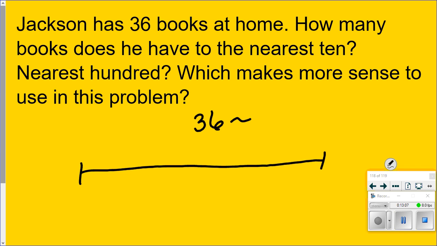What's going to be my starting point on my number line if I am rounding to the nearest 10? Victor? 40. Not going to start at 40. I'm going to start at 30 so that my number can fit on my number line. If I start at 40, I will start too far ahead.